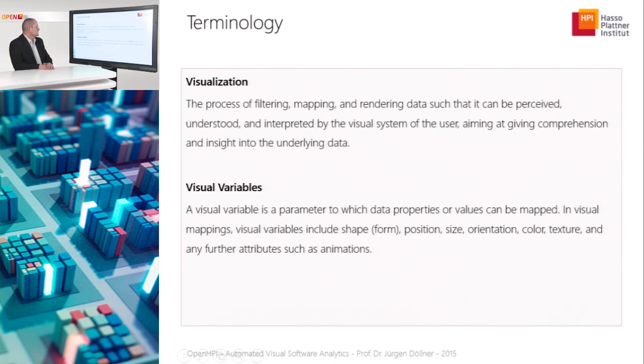A visual variable is a parameter to which data properties or values can be mapped. In visual mappings, visual variables include typically the shape, form, or geometry, the position of a shape within a given reference frame, size, orientation, color, texture, and any further attributes such as animation properties.